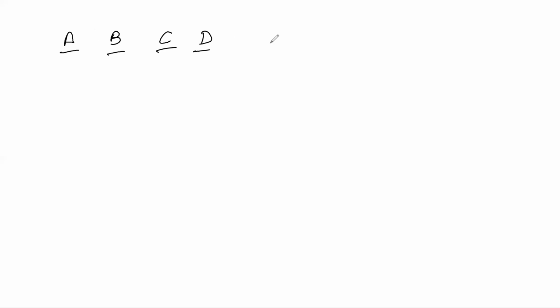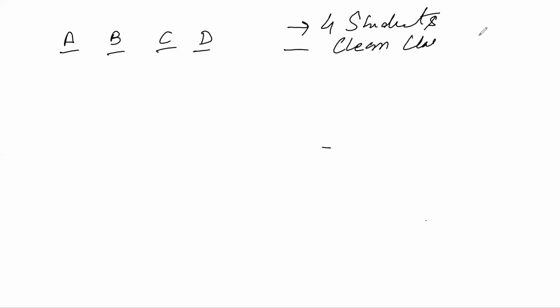One person out of these 4 has to clean the class every day. So what they do is they have a lottery system. One of these people will be chosen in a lottery. Let me write it here: 4 students, and they have to clean the class daily.